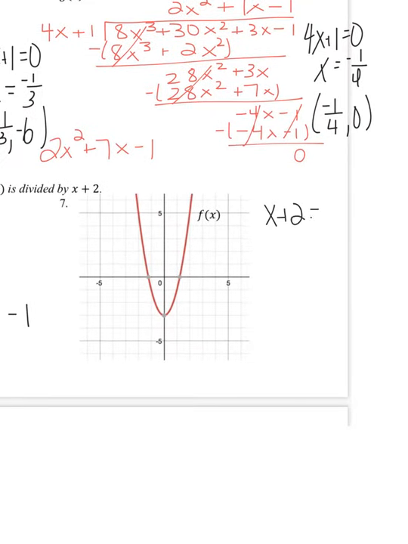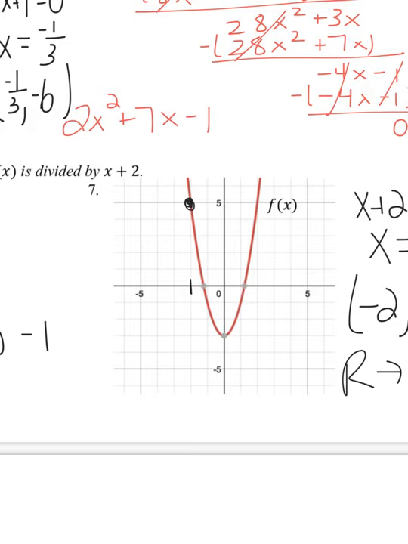So that point is negative 2 comma 5, which means that the remainder is equal to 5. So x plus 2 is also not a factor of this function, which we already know because it doesn't hit that point right there, negative 2 comma 0. The y value, the remainder, should be 0 if it's a factor, which it's not.